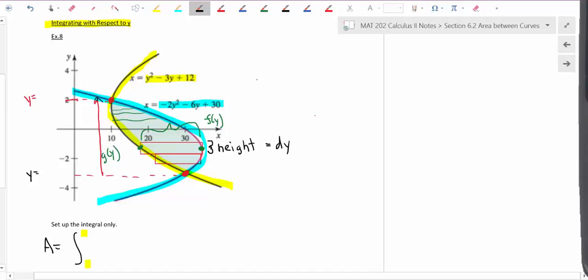I'm going to do this just over to the side. We've got two equations, so we both solve for x. We have x equals y squared minus 3y plus 12, and then we also have x equals negative 2y squared minus 6y plus 30. Again, we're going to set these equal to each other.